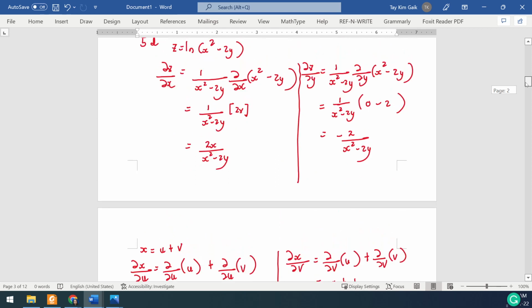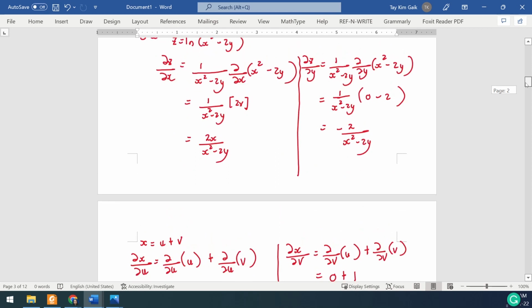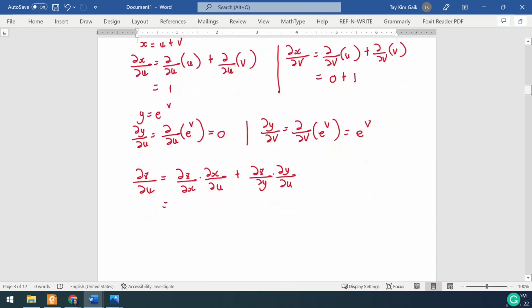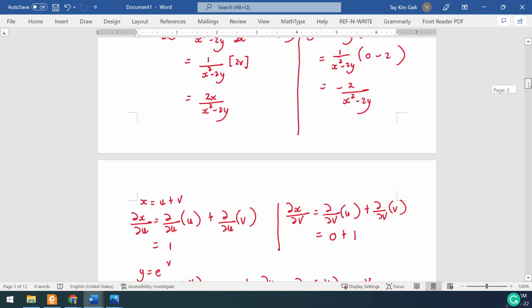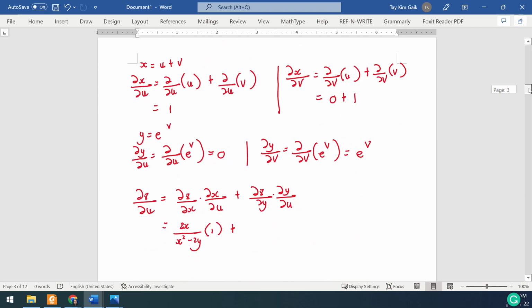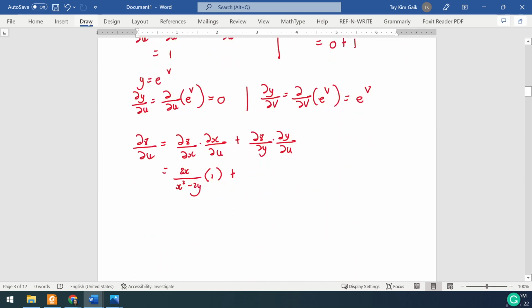Okay, search back del z del x, 2x over x squared minus 2y. Okay, you got 2x over x squared minus 2y. Your del x del u answer is 1. Okay, del z del y, put back the del z del y that you obtained, which is negative 2.